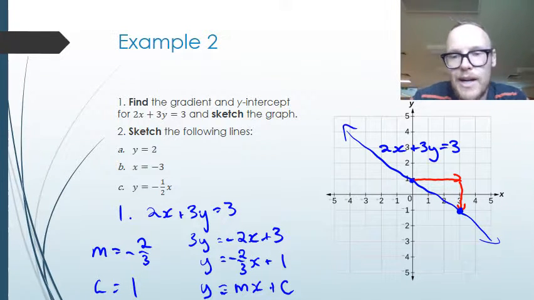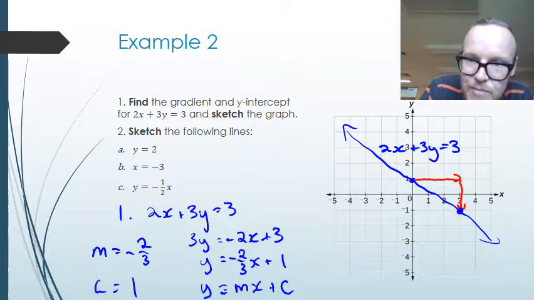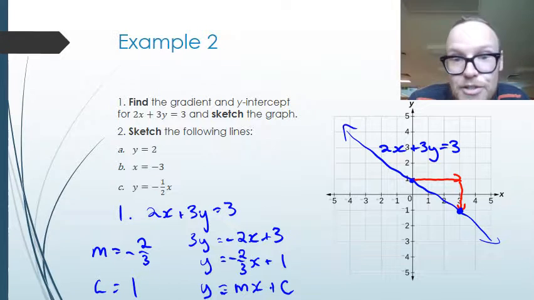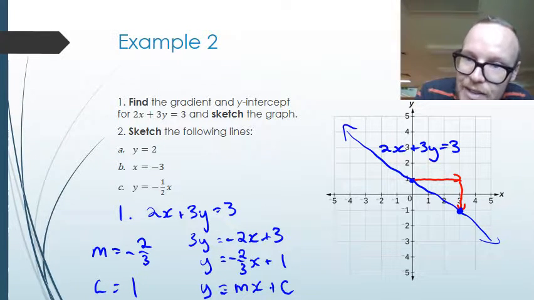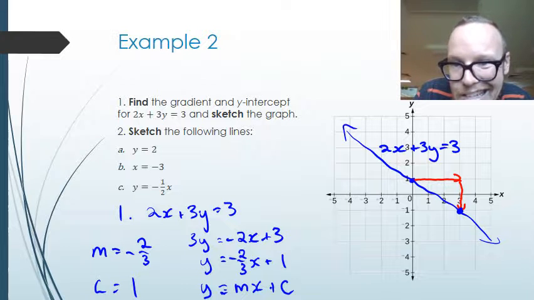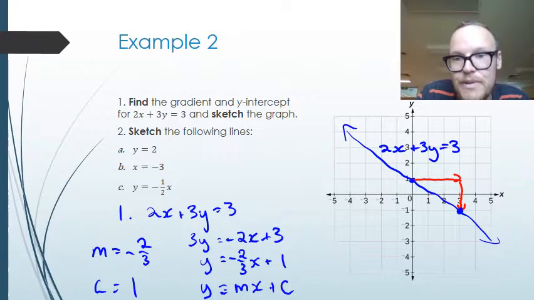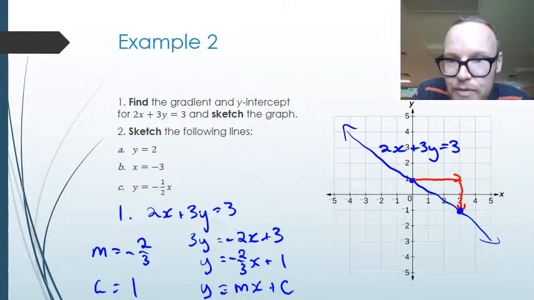Okay. I can check that the second point that I've graphed does satisfy the equation by substituting it back in. It's not really necessary if I've completed all of those steps, but I can check it. That point on the graph is 3, -1. So the x value is 3, the y value is -1.